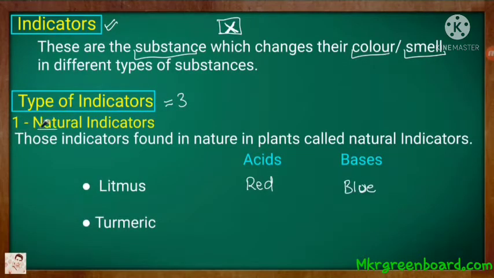Litmus: with the help of litmus paper they have shown that red litmus turns blue. It turns acid into base.